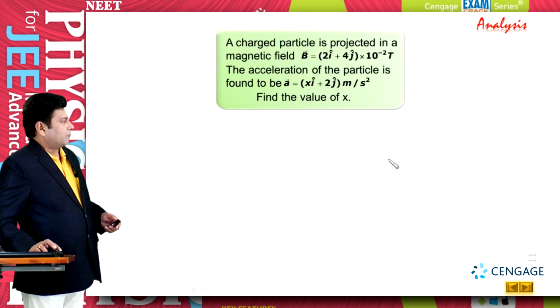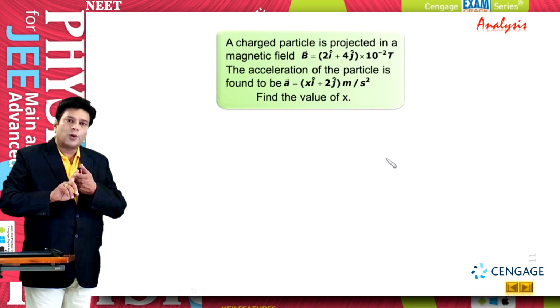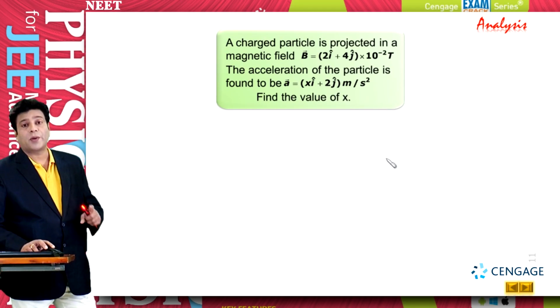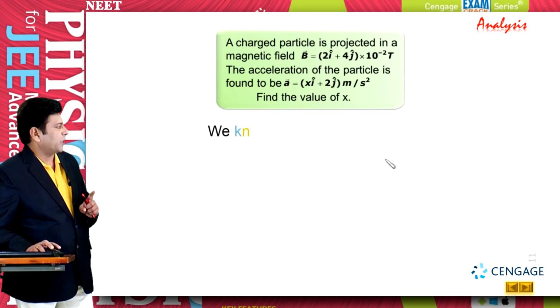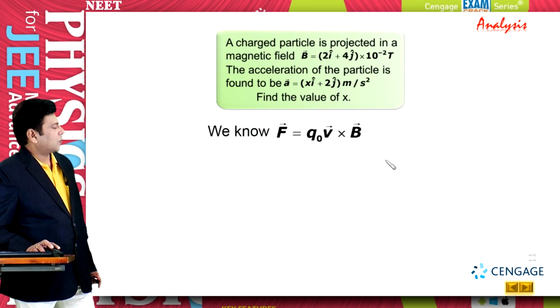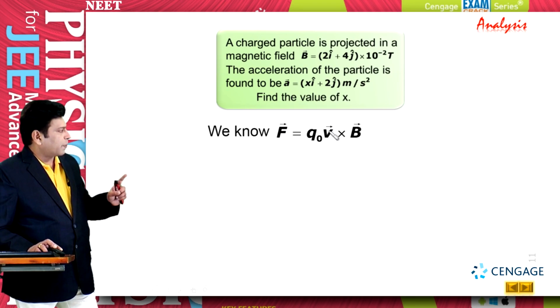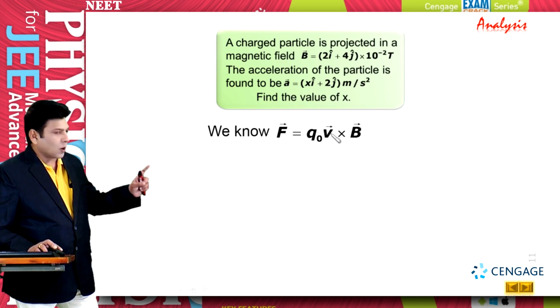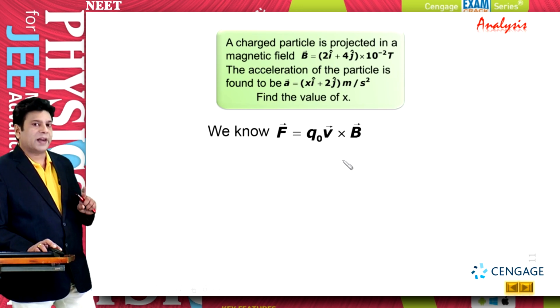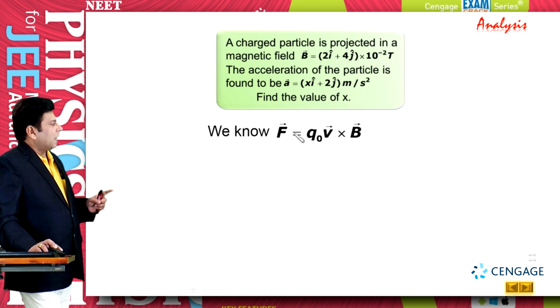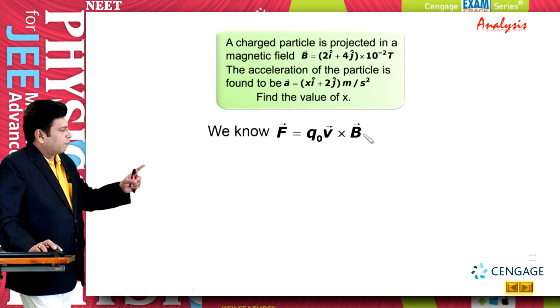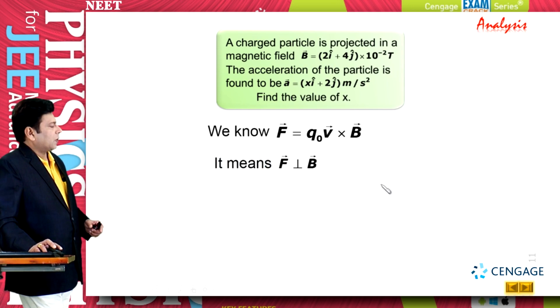Okay. Now, we know the force acting on the charged particle is F equal to Q naught V cross B. And we have discussed here, this force is perpendicular to the plane containing velocity vector and magnetic field vector. Now we can write F should be perpendicular to the magnetic field vector, right?